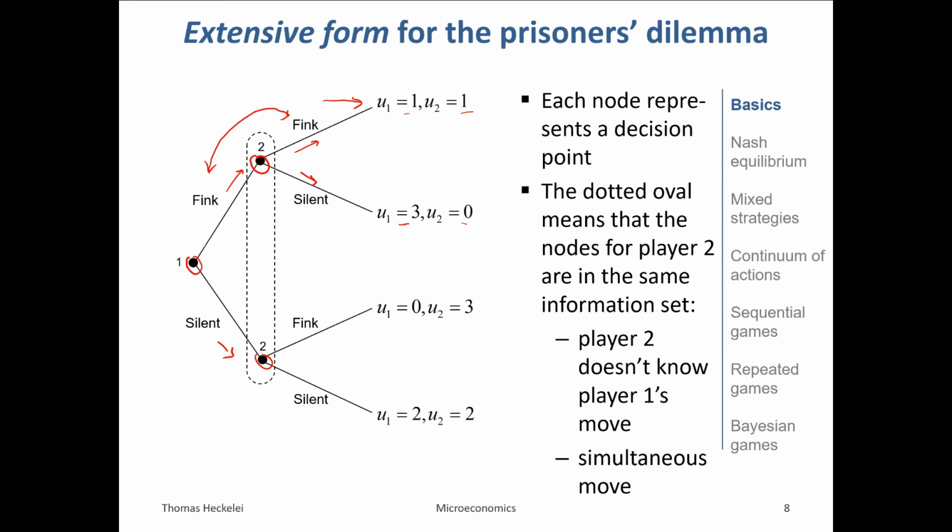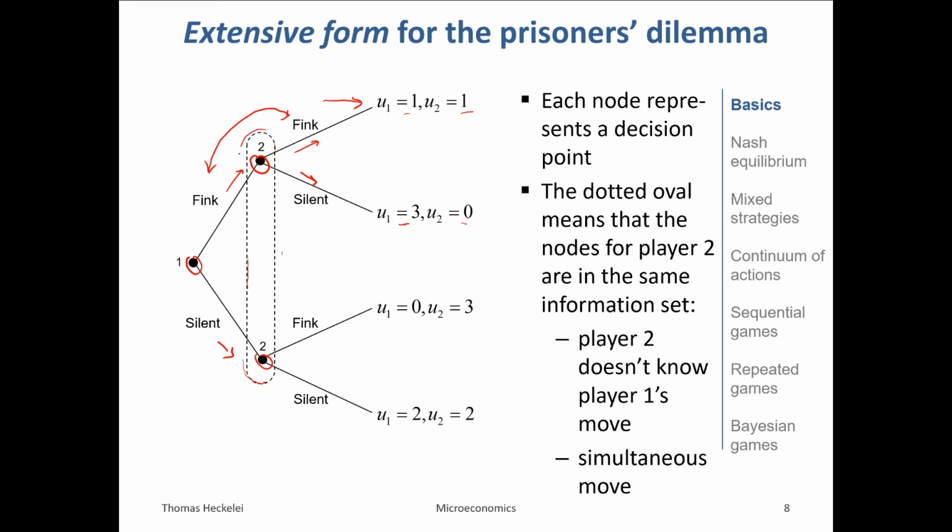So they kind of make the decision simultaneously. So in order to denote that setup, we have this dotted oval or circle over here. The dotted circle indicates that the two players actually start at the same information set.